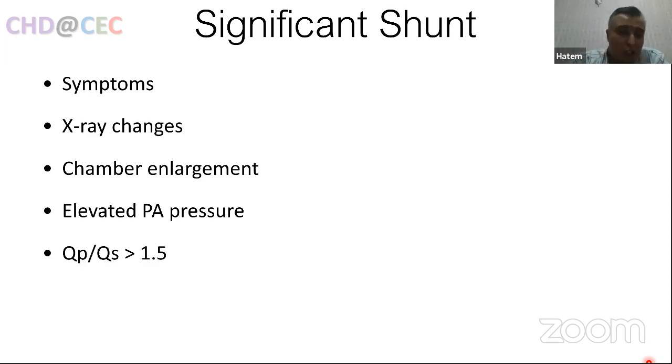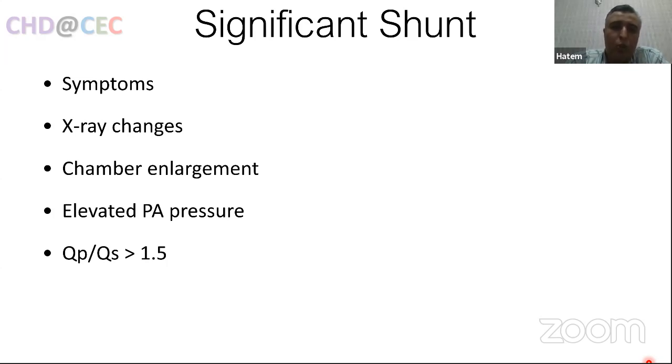And obviously direct measuring of the ratio between pulmonary flow and systemic flow, QP/QS, and finding that to be more than 1.5. QP/QS can be measured by echo, but this is very, very inaccurate. So it is more reliably measured by either cardiac cath or MRI.